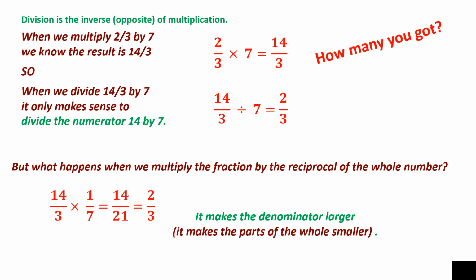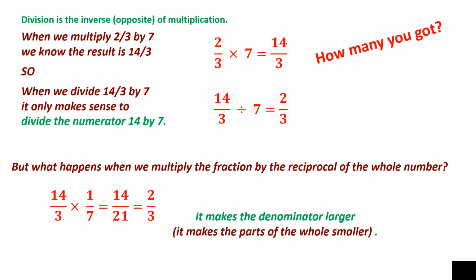So if we have the fraction 14/3 and multiply it by the reciprocal of 7, which is 1/7, the product is 14/21. We have, in essence, increased the denominator. And when we look at 14/21, we realize that it does equal 2/3.